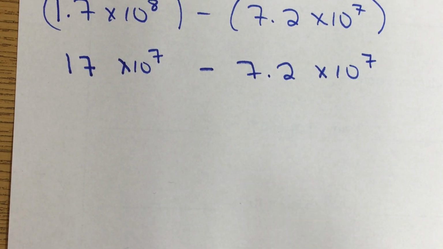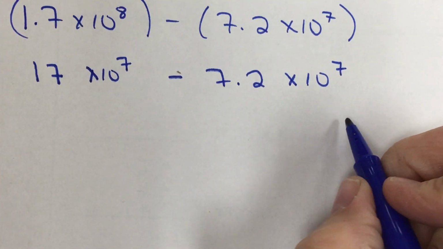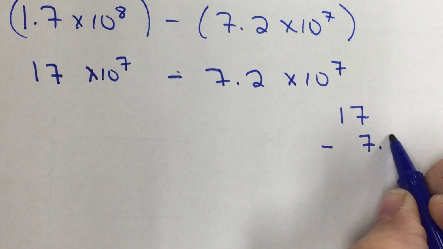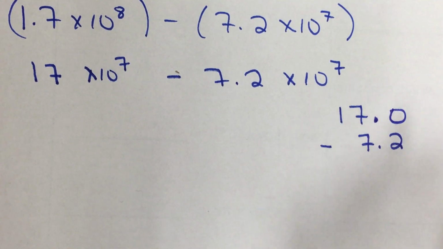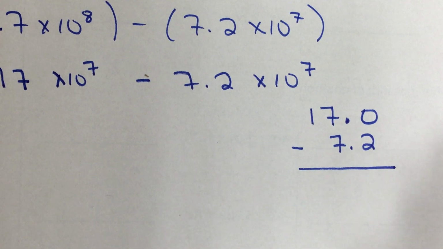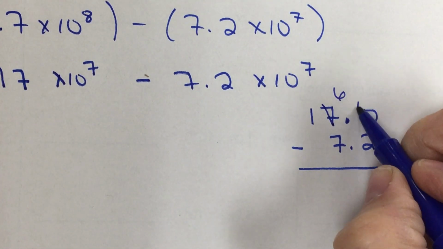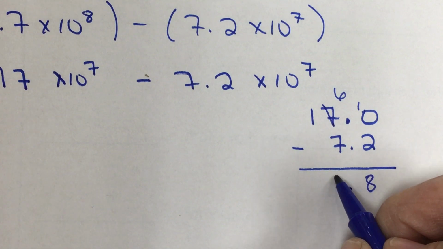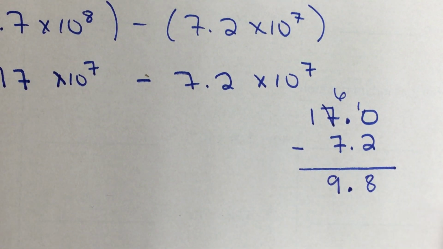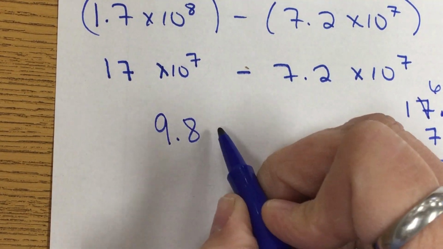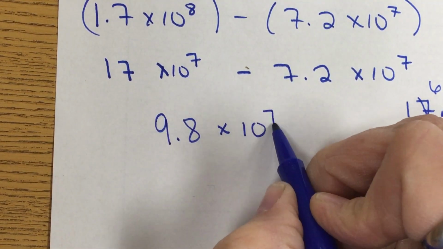Remember when you're subtracting, I'm going to do it over here, 17, when you subtract you have to line up your decimal spots. It's a very important step. I borrow, I subtract, and I get 9.8. So over here I get 9.8 times 10 to the 7th power.